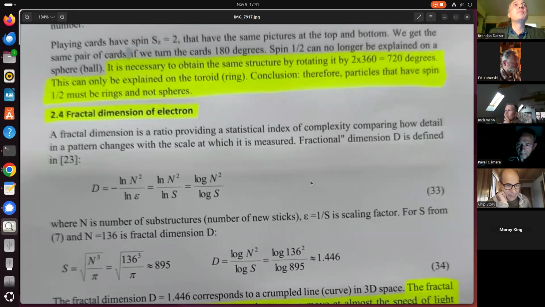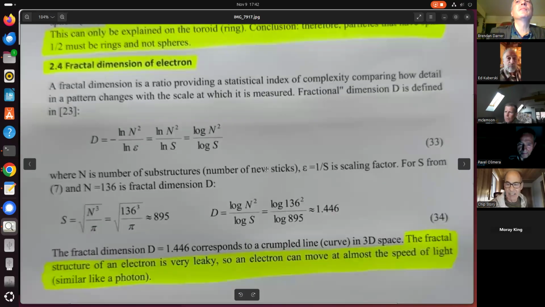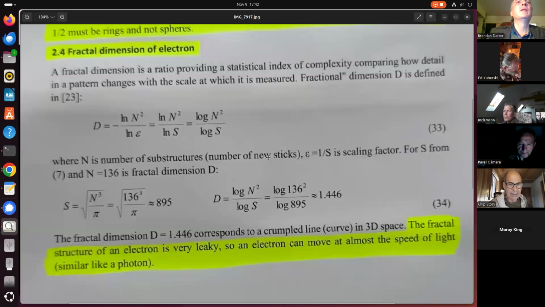All right, 2.4, fractal dimension of an electron. Fractal dimension is a ratio providing a statistical index of complexity, comparing how detail in a pattern changes with the scale at which it is measured. Fractal dimension D is defined in equation 33.